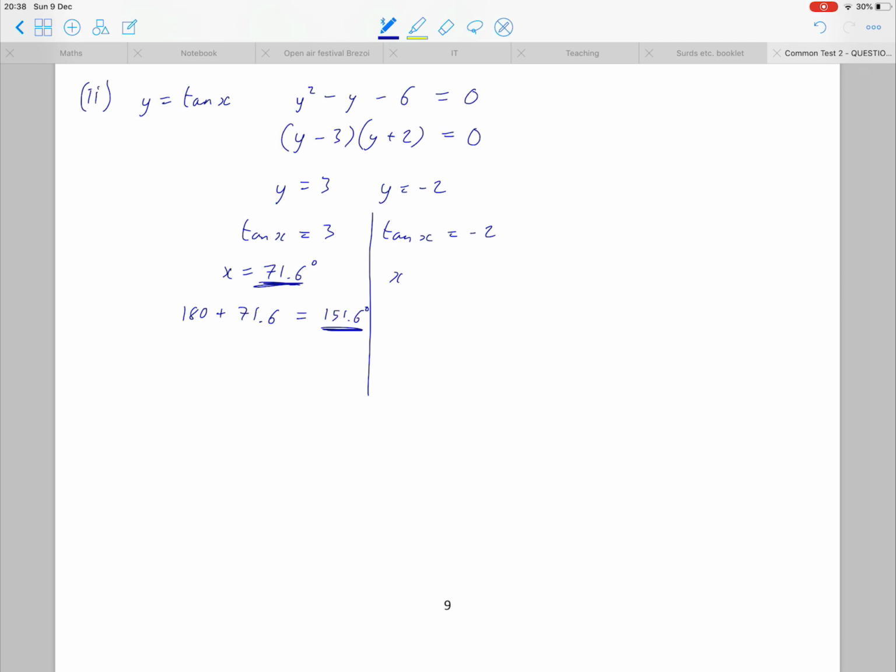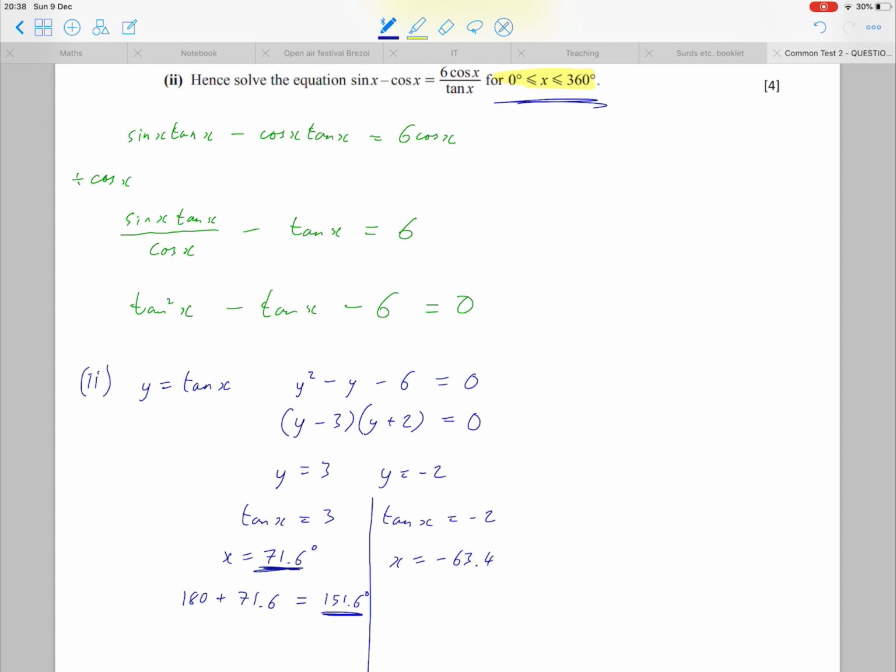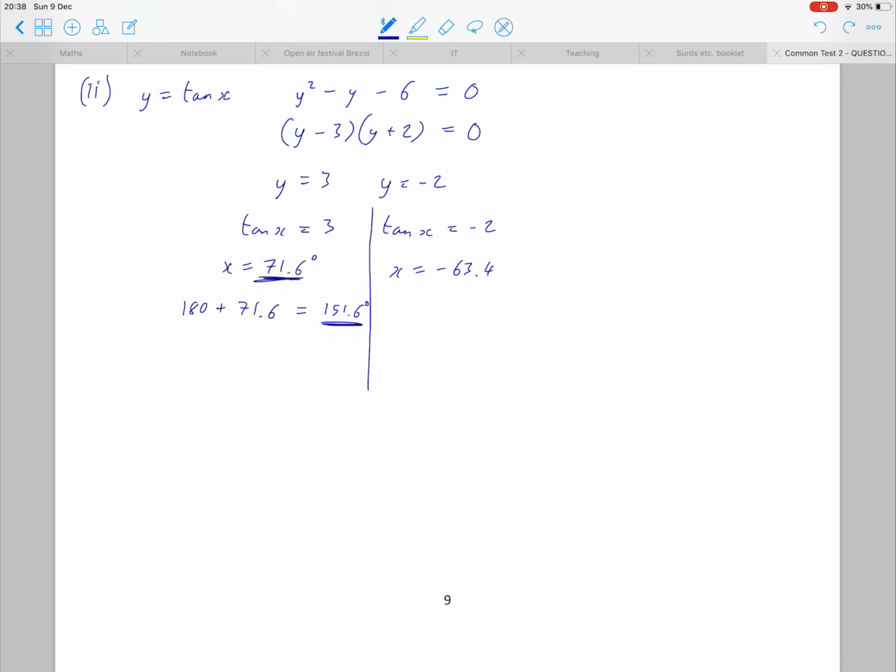Over here we get x equals, now I'm just grabbing my calculator and checking my working here. Yeah, we get minus 63.4. Now that's not in the range we need, but it's not a problem.